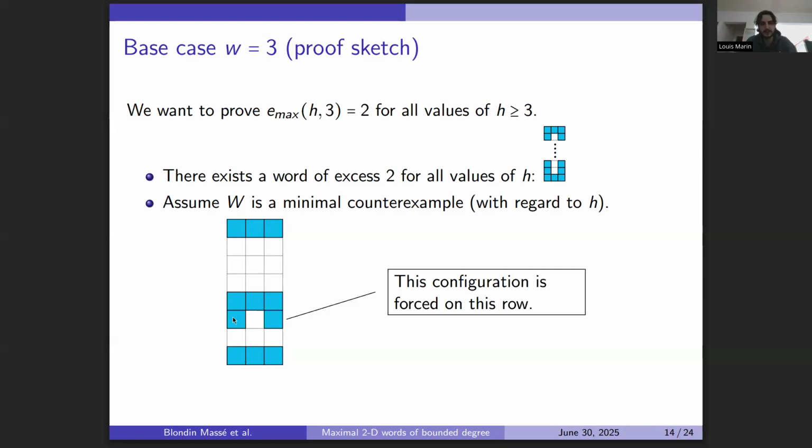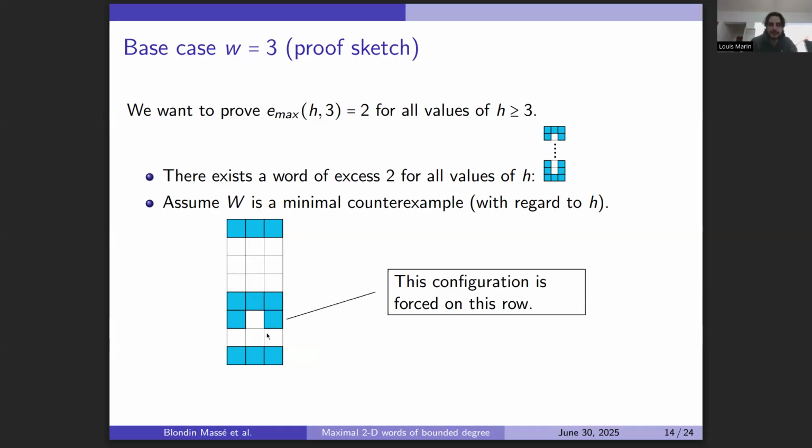But any other configuration of 2 cells would create a cell of degree 3 in the middle, in the middle of the top of the special row, basically. So that means that this configuration is forced.